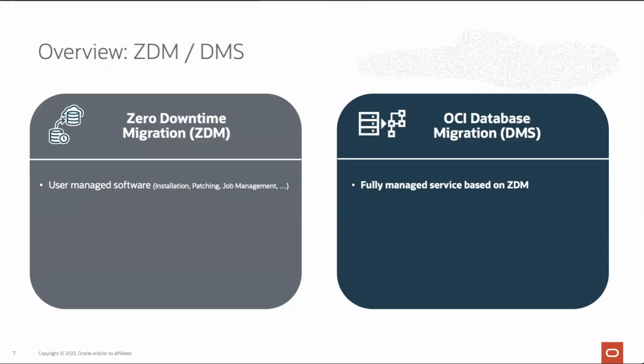So the customer needs to download ZDM, needs to install ZDM on a Linux VM or a server. They need to patch ZDM, and they do the whole job management in ZDM via config files directly on the Linux console connected via SSH to that server.